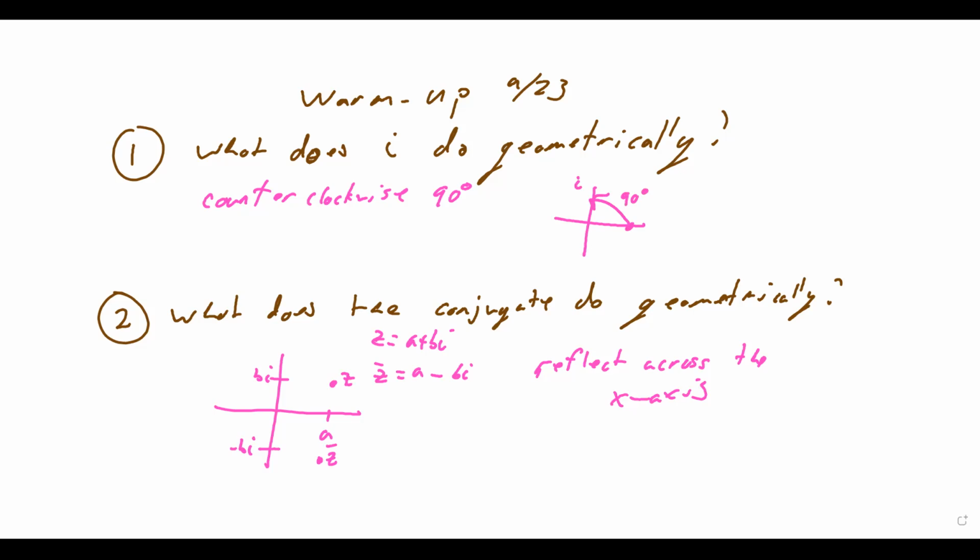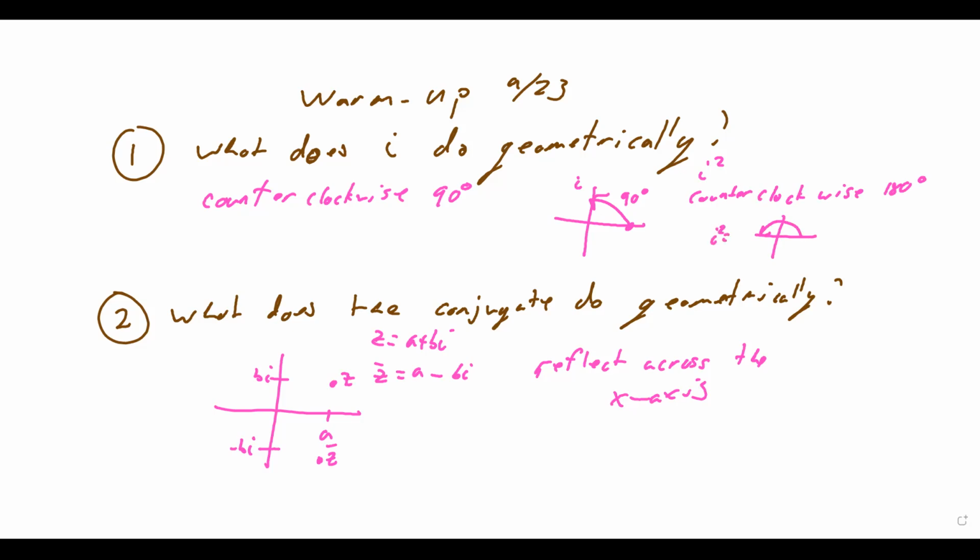I squared would be, how would you write that out geometrically? Good, it would be a counterclockwise 180 degrees, and then geometrically, it would look like this, which is where i squared is.